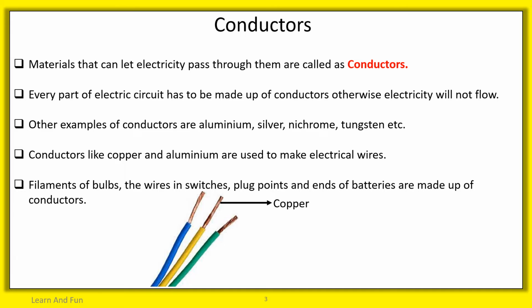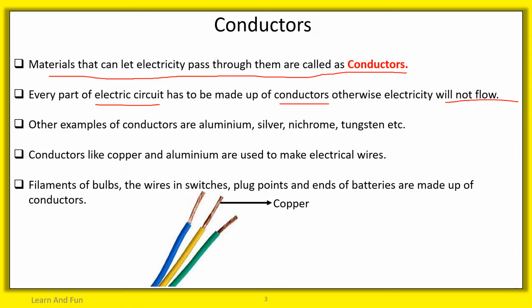In this slide, we are going to learn about conductors. Materials that can let electricity pass through them are called conductors. Every part of an electric circuit has to be made up of conductors, otherwise electricity will not flow.